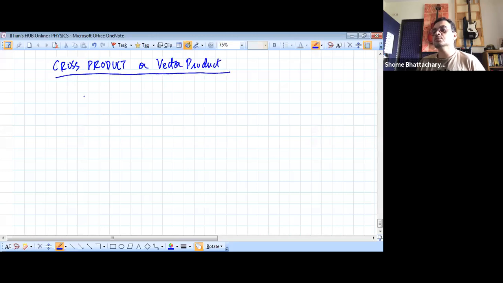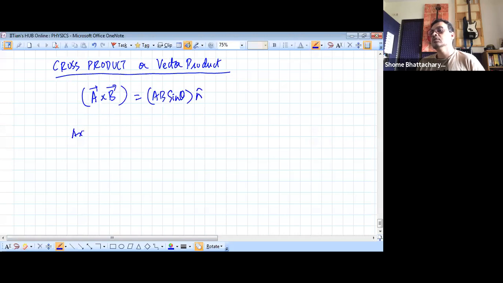So as you know, the cross product or the vector product is given by this symbol, right? And by definition, this becomes equal to AB sin theta into a unit vector, so it is AB sin theta into n cap. Okay.